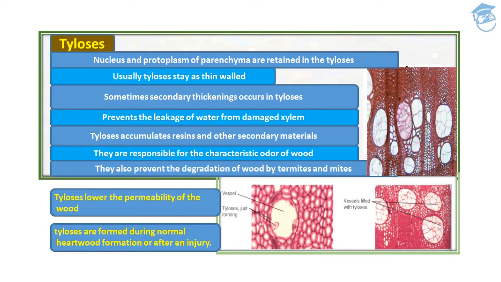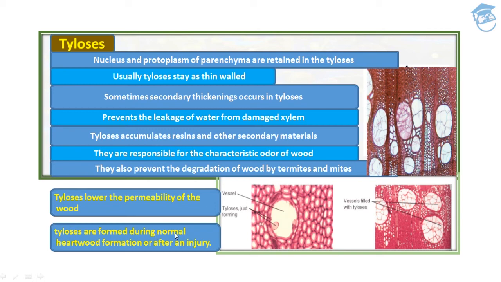Tyloses accumulate resin, which is another significance, and they also store or accumulate secondary material. They are responsible for the characteristic odor of wood. Tyloses also prevent the degradation of wood by termites and mites, and they lower the permeability of the wood.